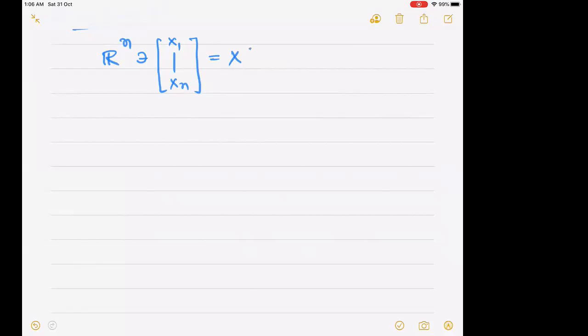So this is x(t). That means each of these entries is a function of time. And now suppose we have an equation, because it's a function of time, I can take the pointwise derivative dx/dt, and suppose this is equal to A times x, and suppose this is true for all t, where A happens to be a square matrix of size n cross n.